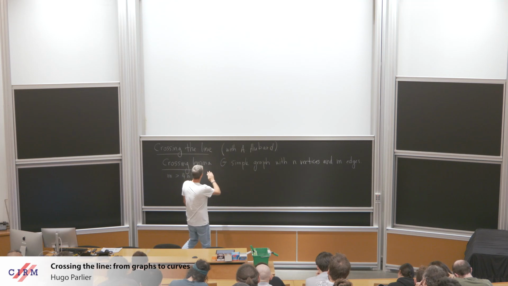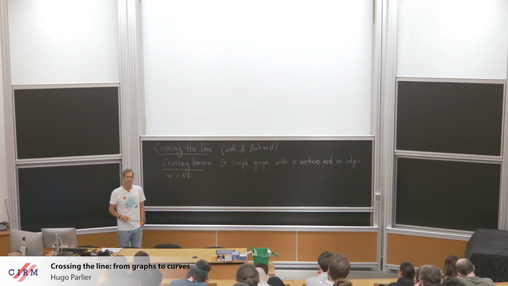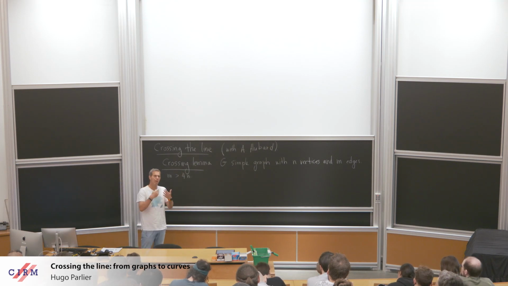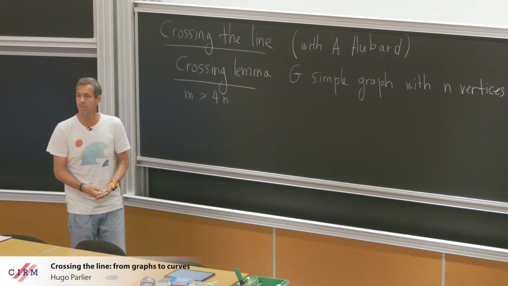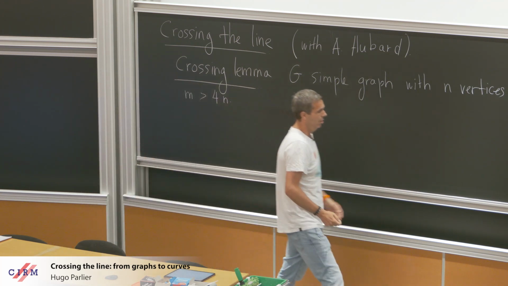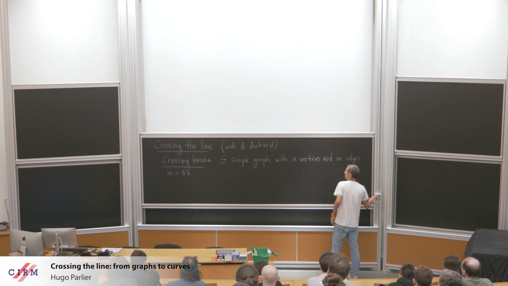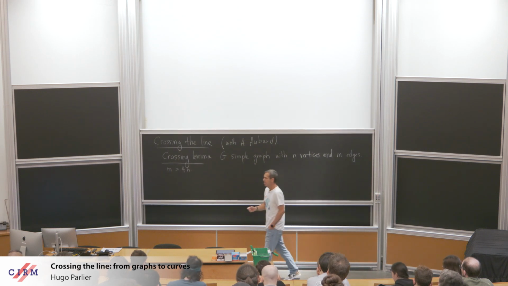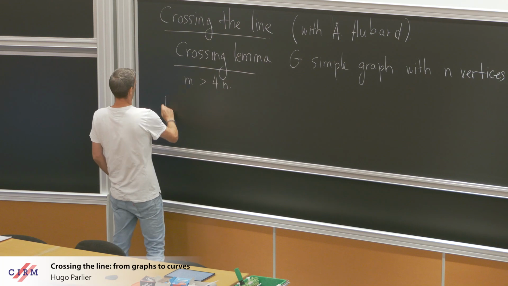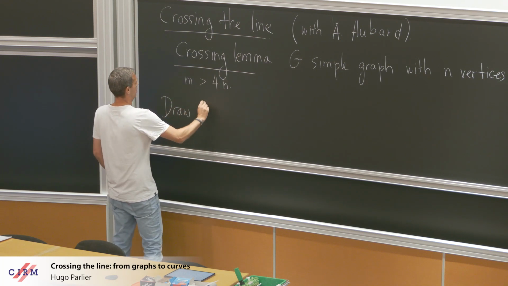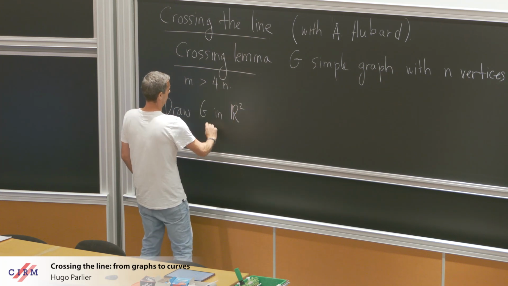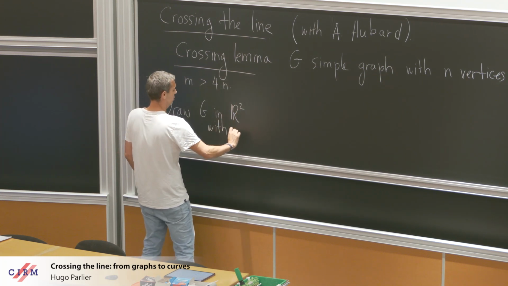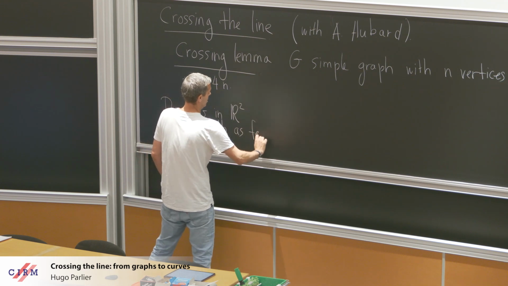And what the crossing lemma says is that when you try to draw this graph in the plane, no matter how you draw it, you create intersection points in the drawing. This is called the crossing number of the graph. So you draw G in the plane with as few crossings as possible.